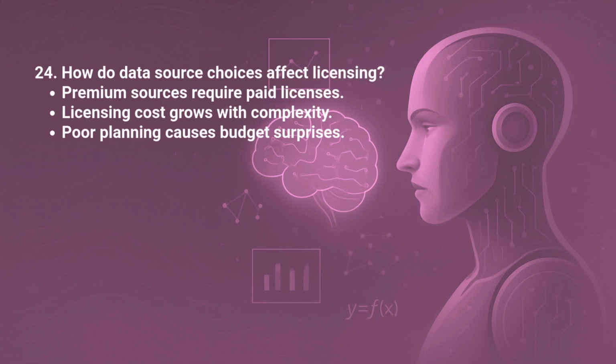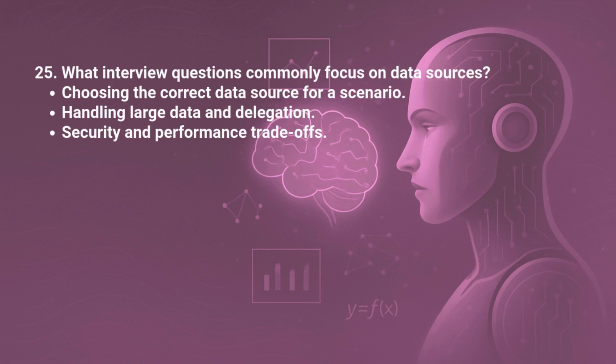Licensing cost grows with complexity. Poor planning causes budget surprises. 25. What interview questions commonly focus on data sources? Choosing the correct data source for a scenario. Handling large data and delegation. Security and performance trade-offs.